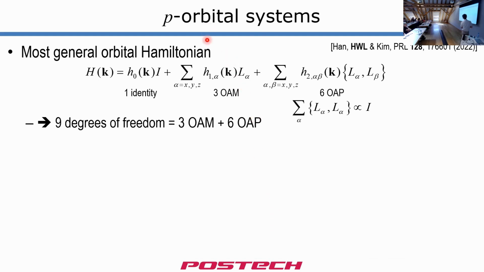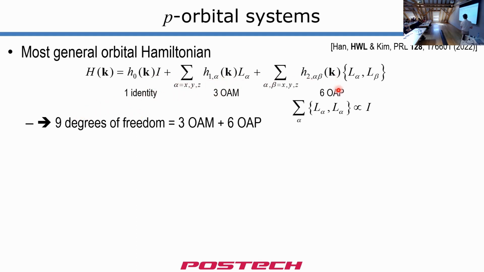For a p orbital system, we can write down the general Hamiltonian like this: identity plus 3 orbital angular momentum operators plus 6 orbital angular position operators, which are symmetric combinations of 2 orbital angular momentum operators. So here I have 6 plus 3 plus 1, a total of 10 terms, whereas I have 9 degrees of freedom.